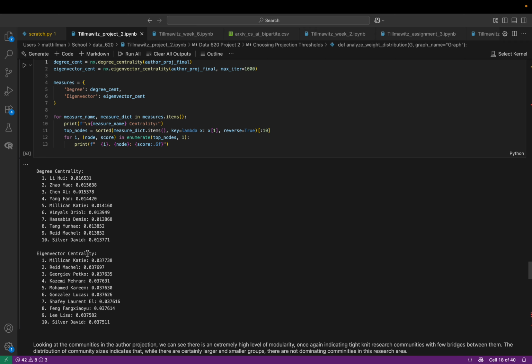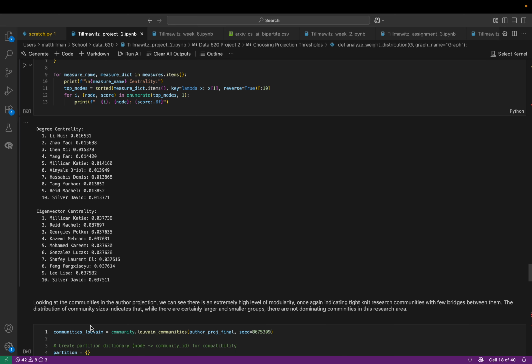We see that there are a few individuals such as Katie Milliken, Michael Reed, and David Silver, who are both contributing large numbers of papers with large numbers of different individuals, indicating that they are likely drivers of their various research communities. Different outlier individuals can be identified using these different metrics and could be of particular interest to those trying to find the individuals who are kind of driving innovation in different spheres, but that goes slightly beyond our analysis at the moment.